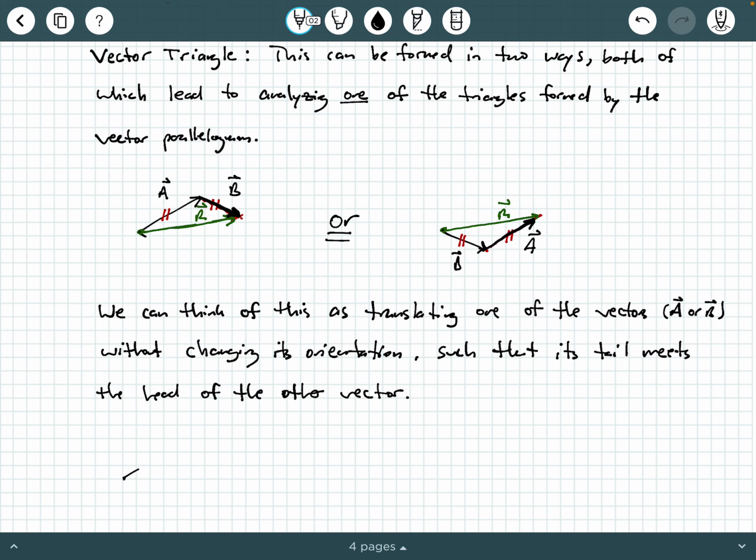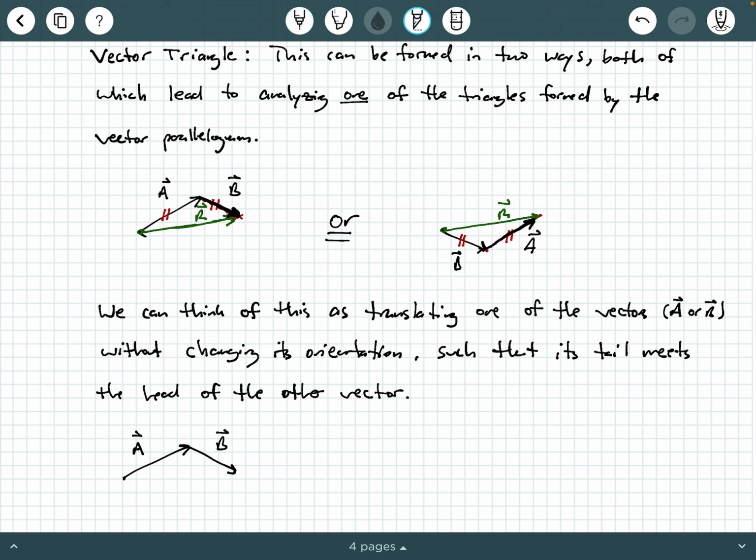So watch how another way I can think of this is. If you have that same vector A here, this is the same vector A we've been dealing with, I'm translating that vector B over here to where that parallel line was that was parallel to where B was originally, okay? And so how did I do that?